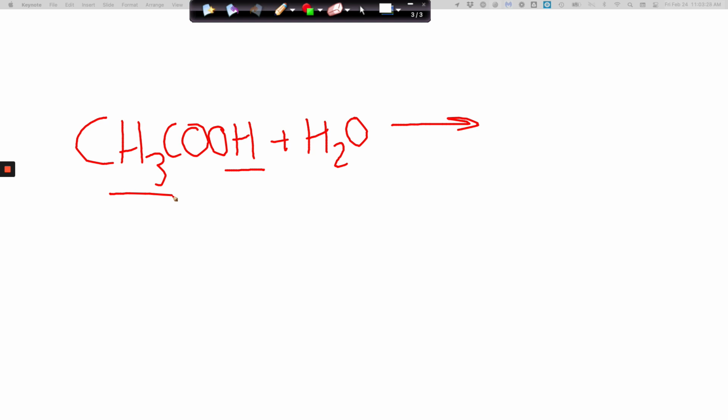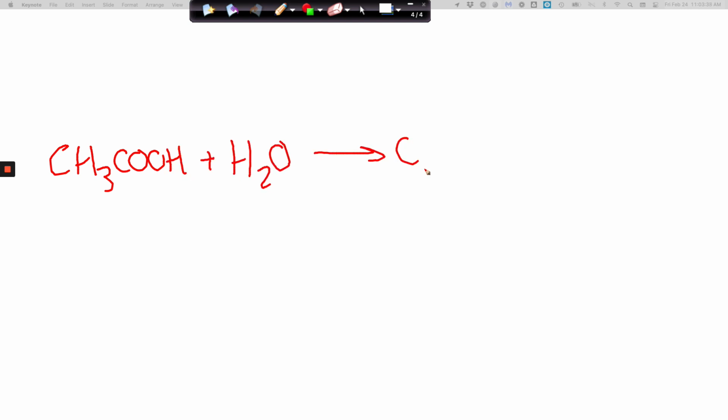But guys, the bottom line is this. I need to write this smaller. Like so. What's our conjugate base? Is it the hydronium ion or the acetate? It's the acetate.